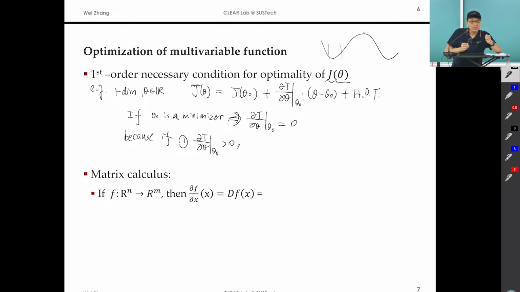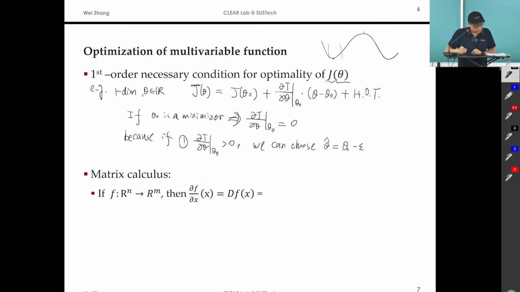The only way to contradict that is to find a better choice. What's the better choice? Let's call theta hat equal to theta 0 minus epsilon, a little bit to the left. Because the derivative is bigger than 0, the slope is positive, so if you move a little bit to the left, you further decrease the value of the function.